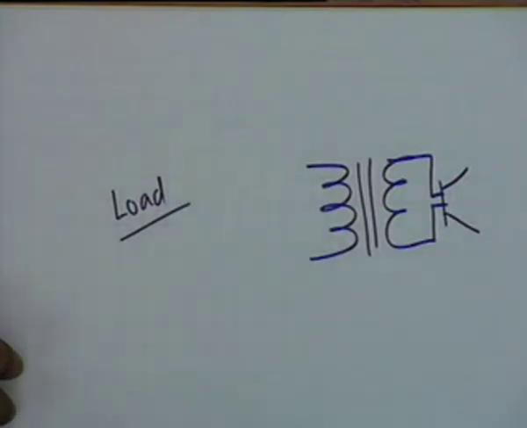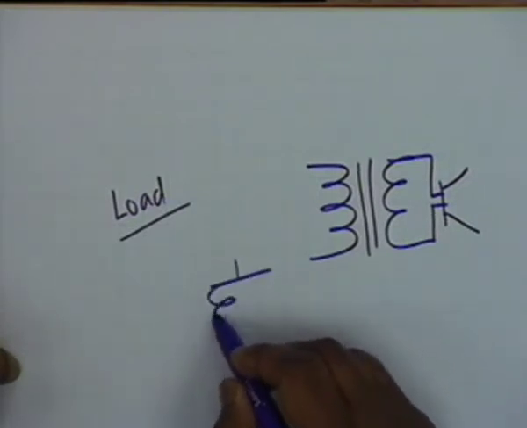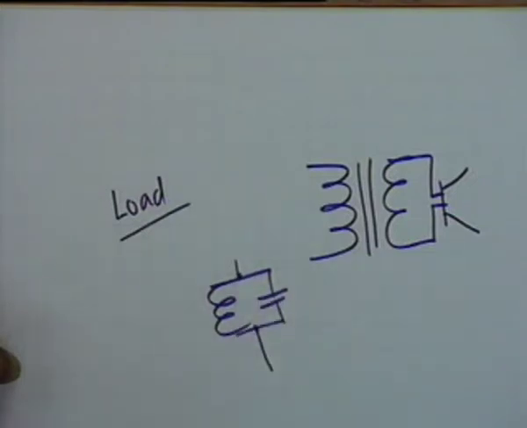On the other hand, a radio frequency stage may have a load like this. You may have a load like a parallel tuned circuit, parallel resonance circuit. What is the impedance at resonance? Infinity. What is the impedance at resonance of this circuit? Infinity.